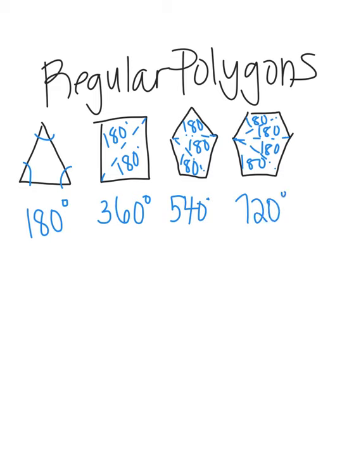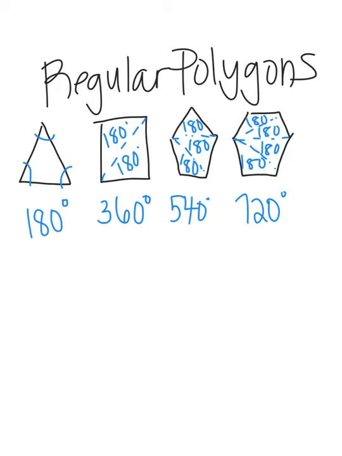So as you can tell, as I go up and increase my sides of each polygon each time, I'm also increasing the triangular region by 1. I can add another triangular region each time I increase the side of a polygon.